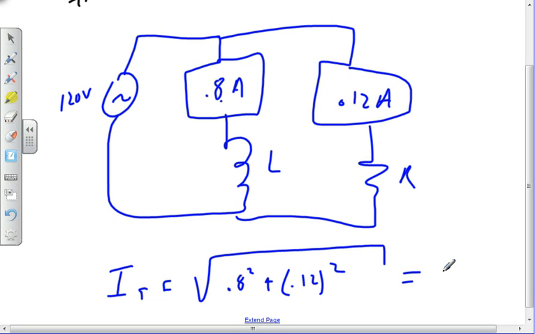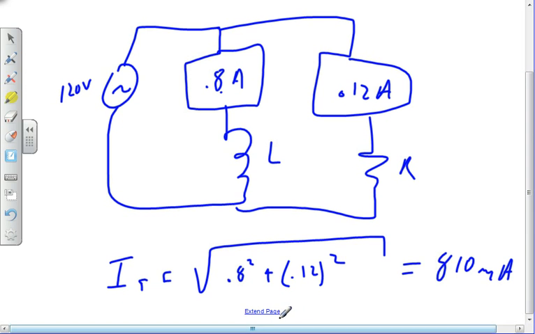Now, as luck would have it, I don't have my calculator sitting over here being charged under the lamp, so there's absolutely no way I can do that calculation for at least a half second. 0.8 squared plus 0.12 squared, square root, equals 810 milliamps. Concentrate.